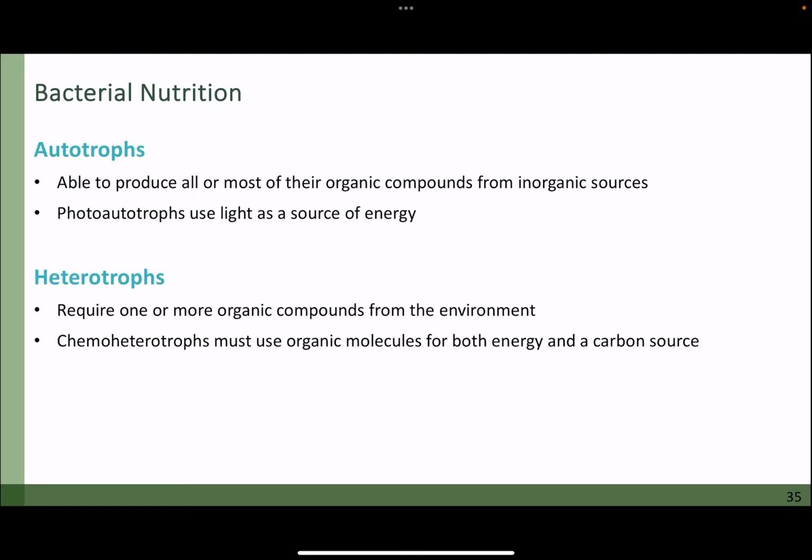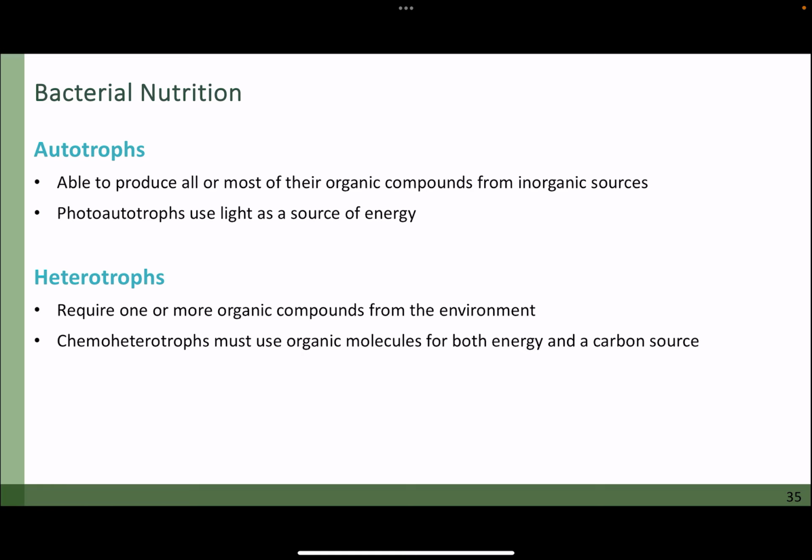These are the ones that perform photosynthesis, and they are going to take inorganic carbon in the form of carbon dioxide and convert it into glucose. Now, there are other types of autotrophs. We have organisms that can use sulfur, nitrogen, and other inorganic compounds that can be converted into organic energy storage molecules.